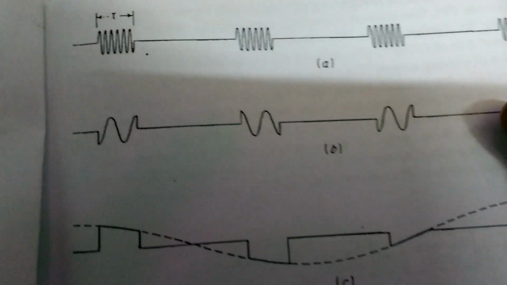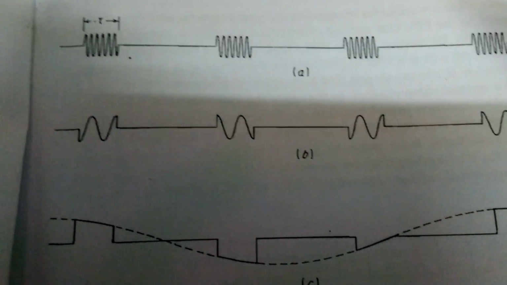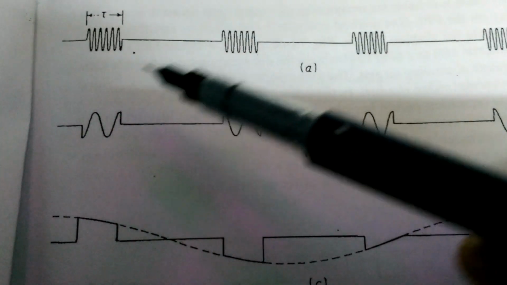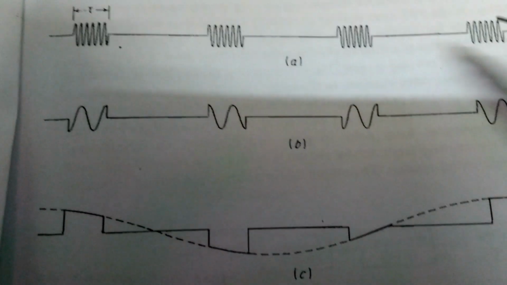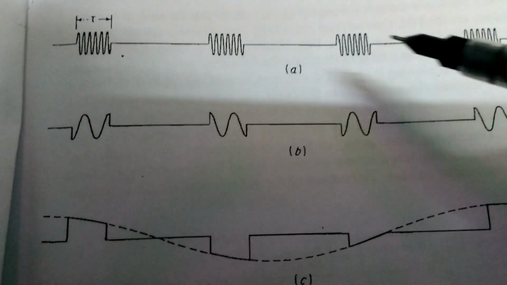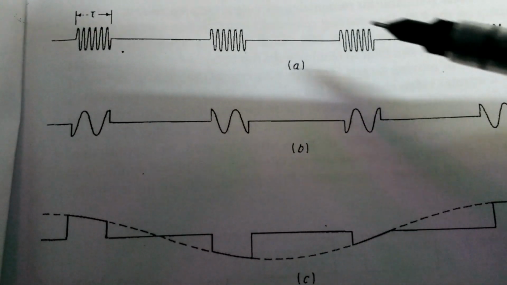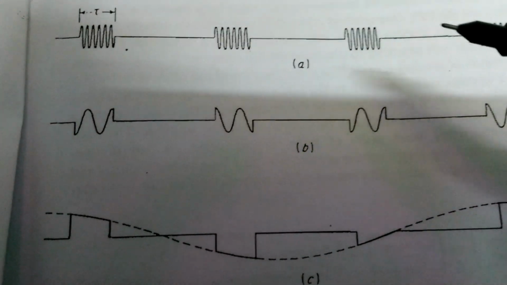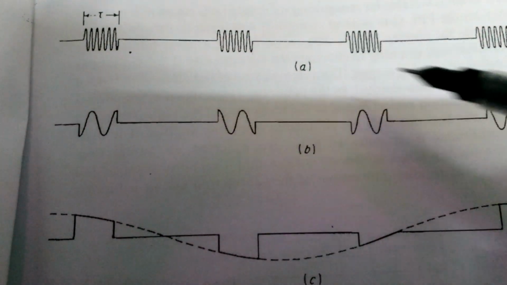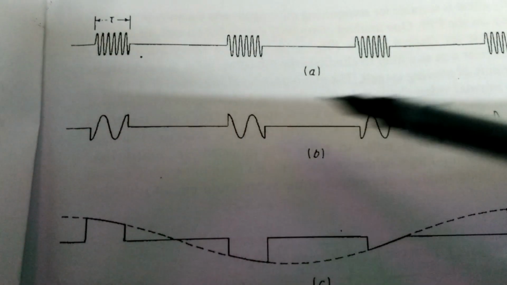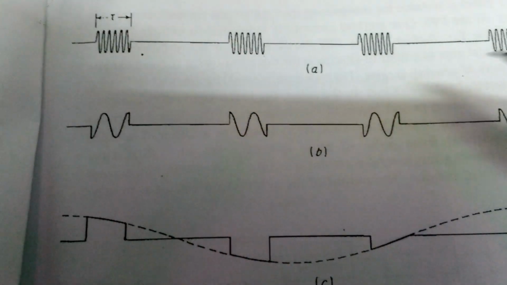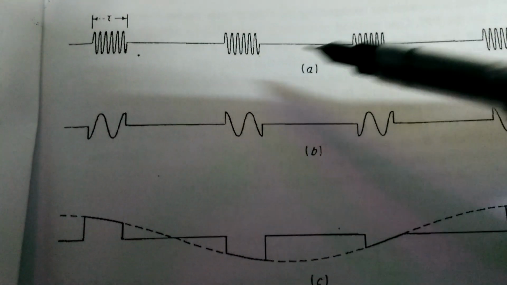If you observe this figure, let us consider this is the echo signal. This is the output from the mixer and the Doppler frequency. Let us consider this is the output from the mixer, or let us consider this is an echo signal. Is it okay?